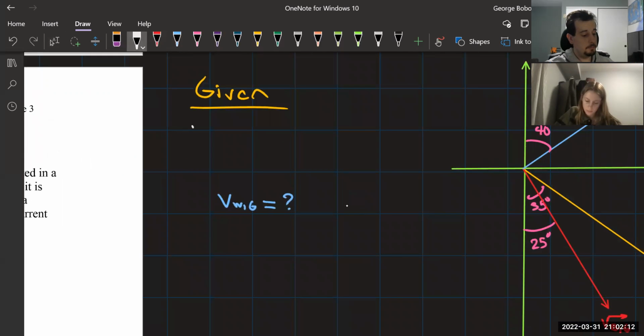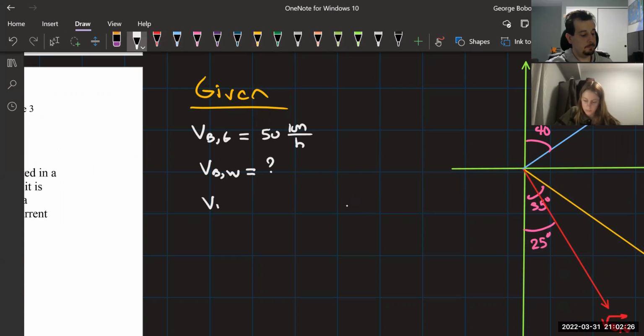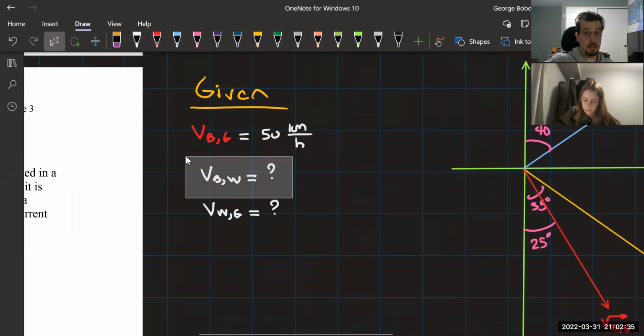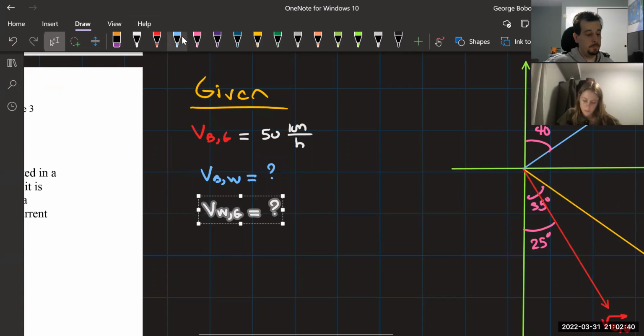So V boat ground is 50 kilometers an hour. V boat water is unknown. And so is VWG. But all the angles are known, so don't worry. We still have two unknowns and two equations that we're going to build. So this is the yellow one. We're good to go.